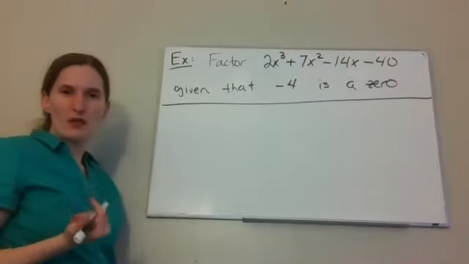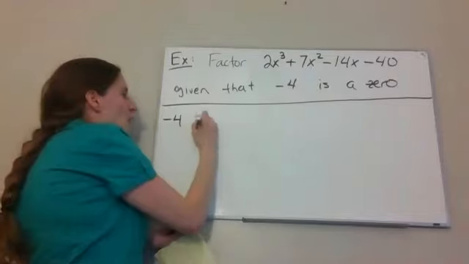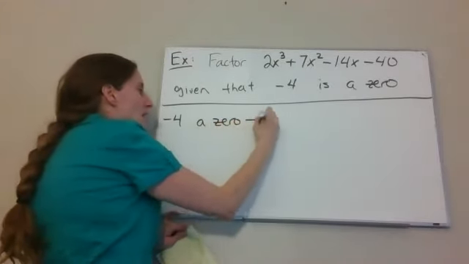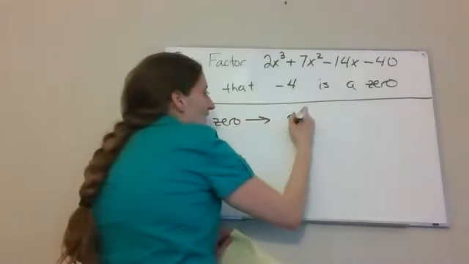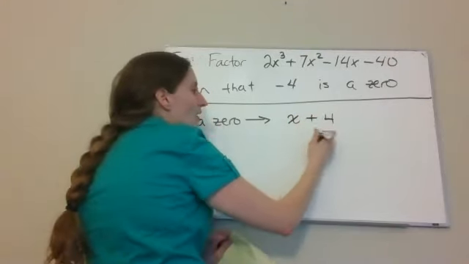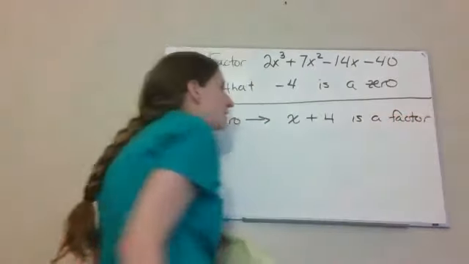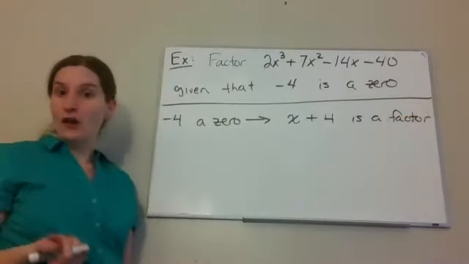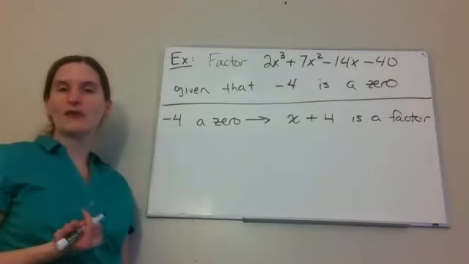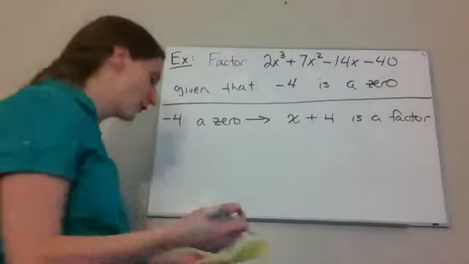So what do I know if negative 4 is a 0? Negative 4 being a 0 means that x minus a negative 4, which would be x plus 4, is a factor. It doesn't tell me all of the factors, but it tells me x plus 4 is one of my factors. How do I find the other factors?